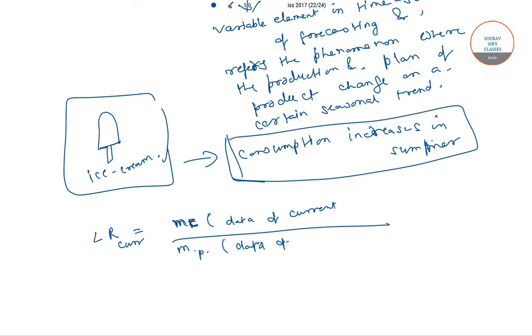So it is the data of the current period, which can be a month or quarter, divided by the data of the previous period, into 100. That is, the link relative is expressed as a percentage, the ratio between the data of the current period to that of the previous period. So LR current is given by this.